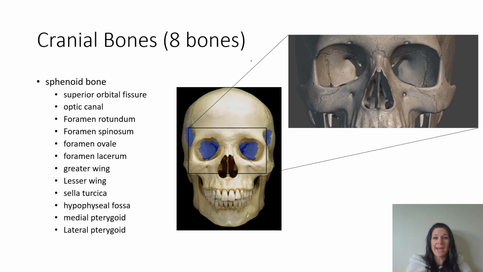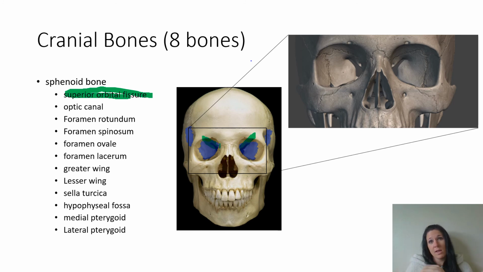So looking from an anterior view, when we're looking at the skull, we can see one structure, and that is the superior orbital fissure. A fissure is a crack or a groove. When you look back into the orbits, it almost looks like an X through the orbits. And these upper dash marks of the X are going to be the superior orbital fissures.